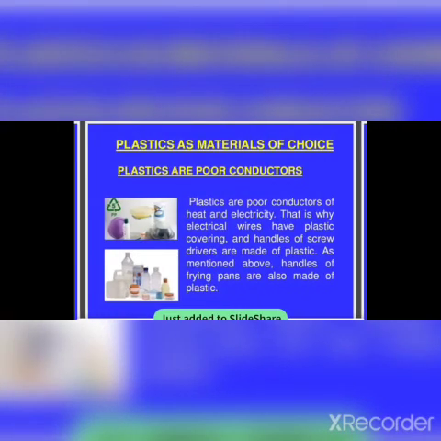Plastics are poor conductors of heat and electricity. That is why they are used for making handles of screwdrivers, electrical wire covering, frying pans, etc.